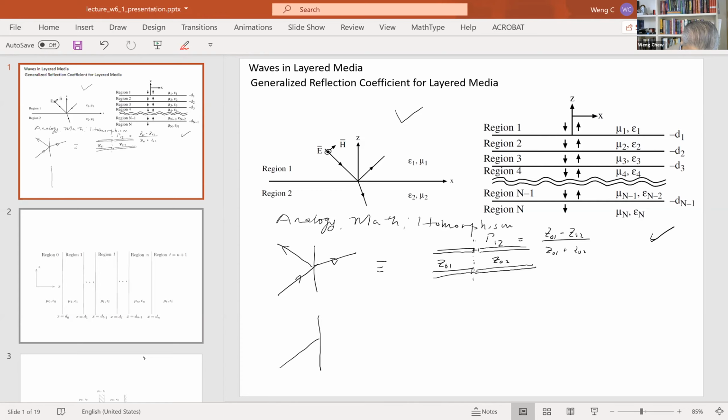So what happens is that when I have a problem like this and then I add a layer behind it, I know that the wave will get multiply reflected, transmitted, and then there will be multiple reflections and so on in this layered medium. And it turns out that this seemingly more complicated problem can be replaced by an equivalent transmission line problem of this kind.